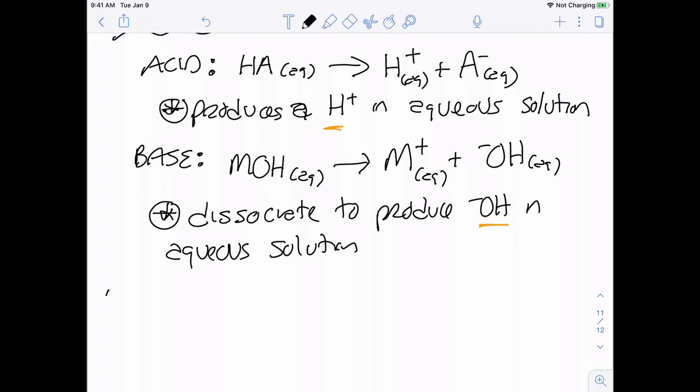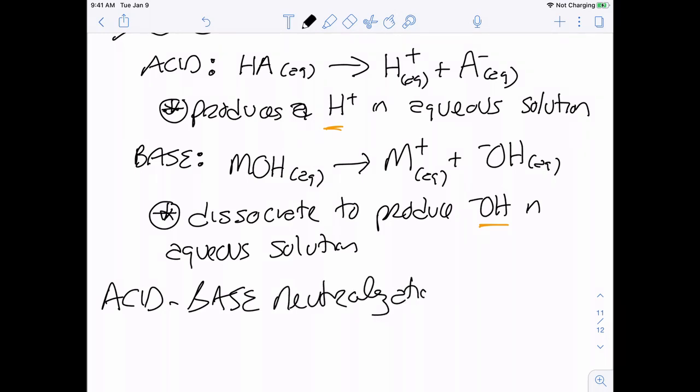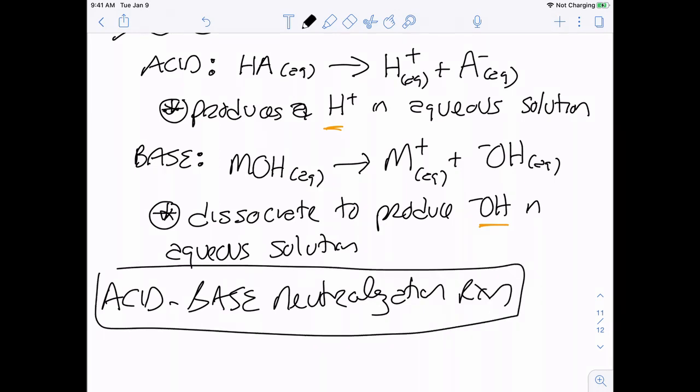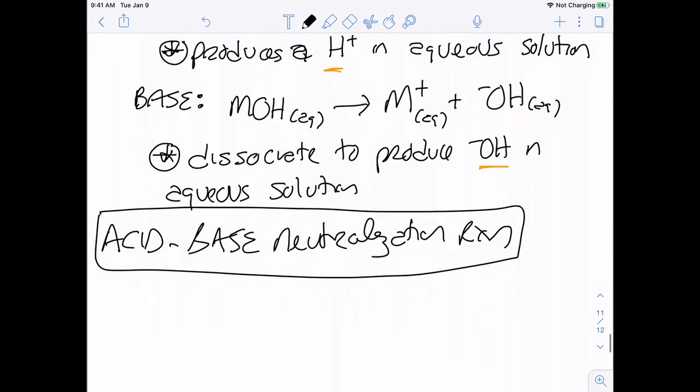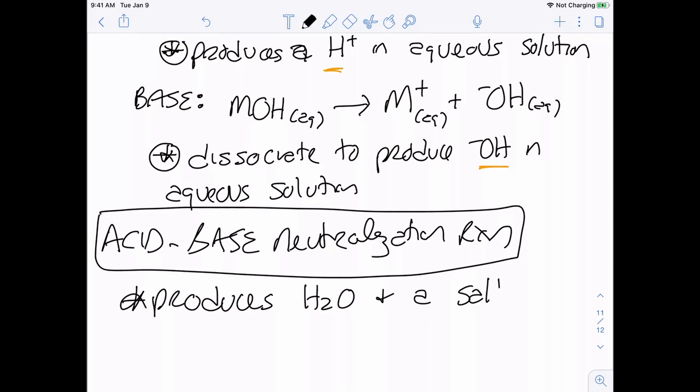So my acid-base neutralization reaction is going to produce water, so H2O, and then a salt. And then the salt is just going to be the cation from my base plus the anion from my acid.